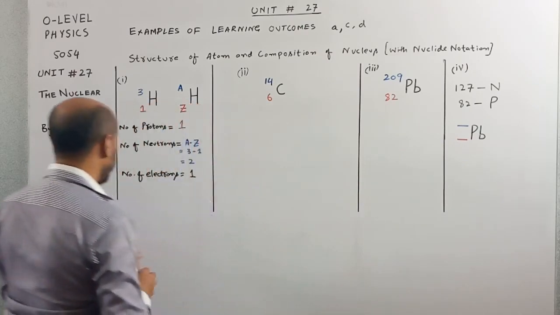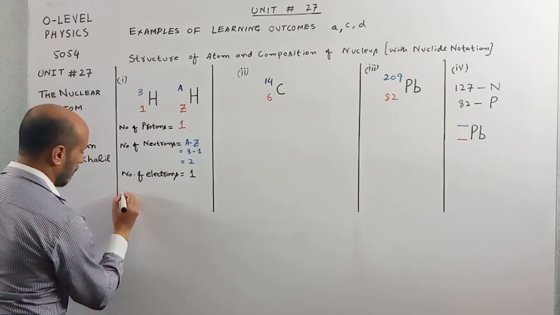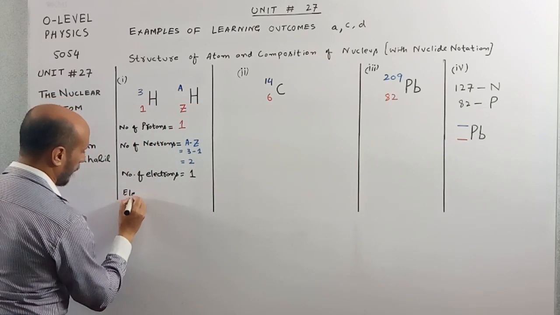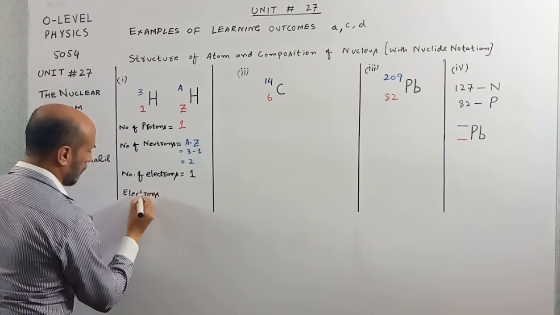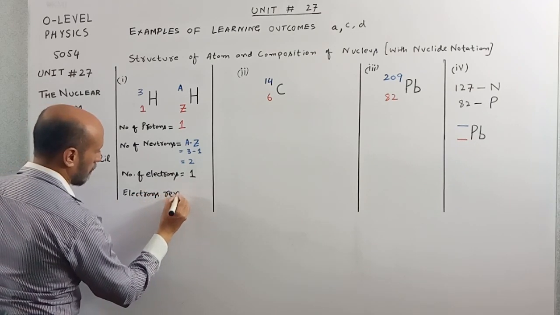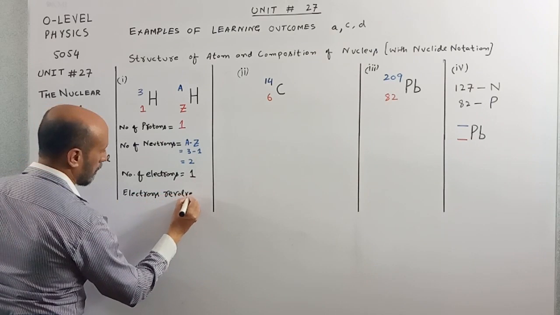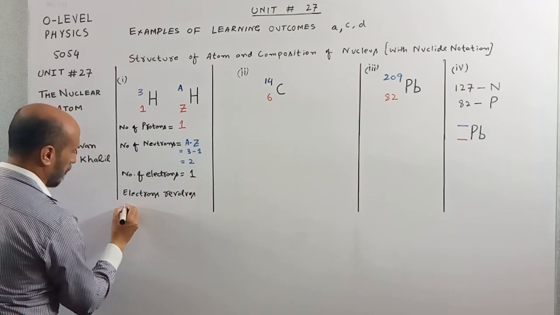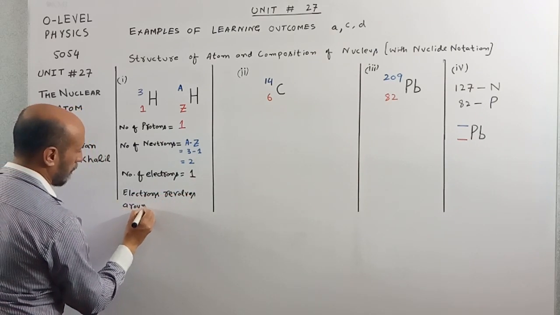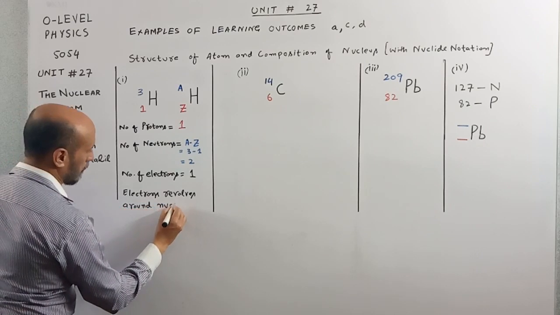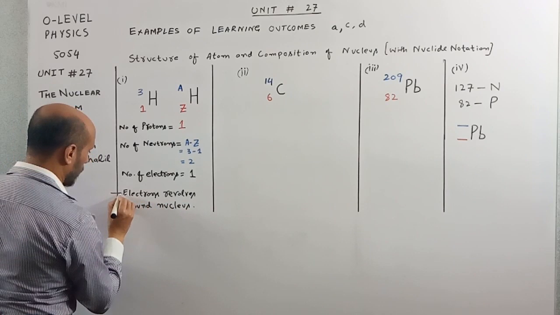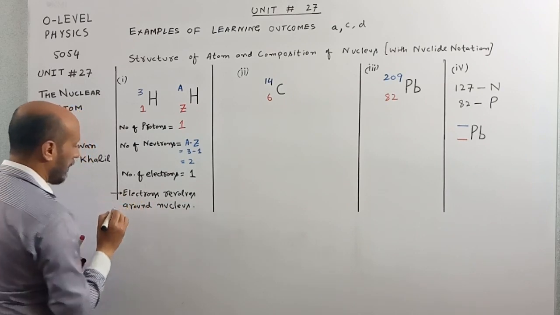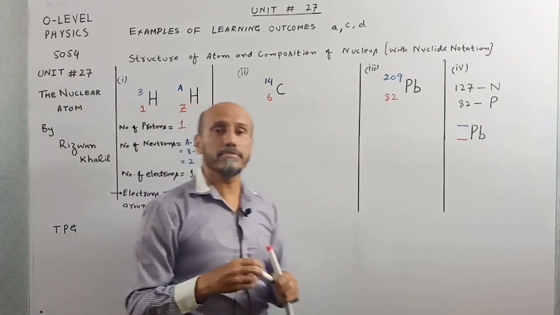That is, electrons revolve around the nucleus. This point is compulsory to write in order to grab the third mark.